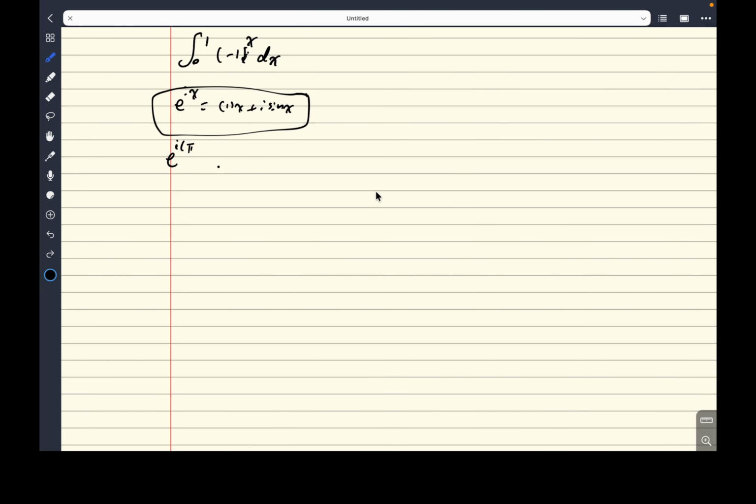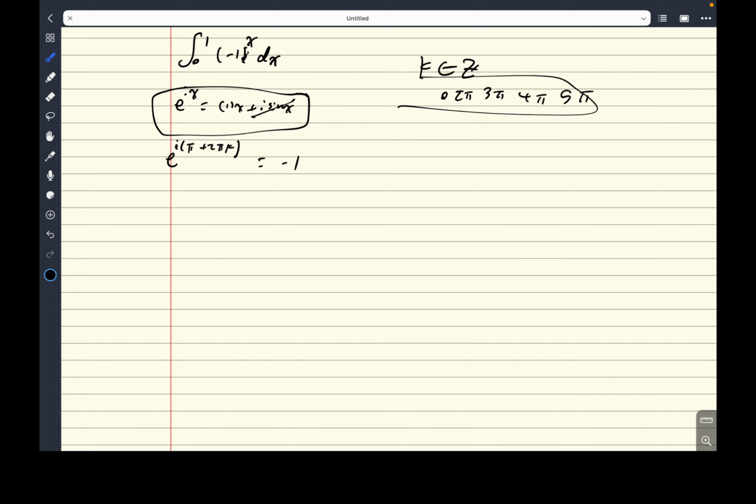No. So we're going to say pi plus 2 pi k, where k is an integer, so our result is going to be pi, 3 pi, 5 pi, etc. And when our result is like that, our cosine is going to be -1 and our sine is going to go away. So it's going to be -1 equals e to the i times (pi plus 2 pi k).